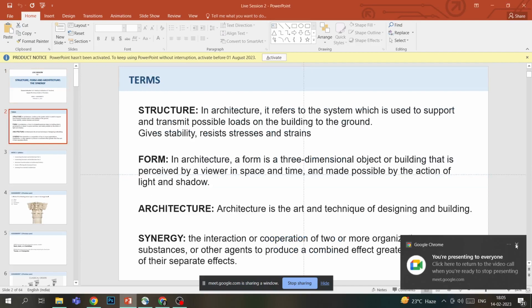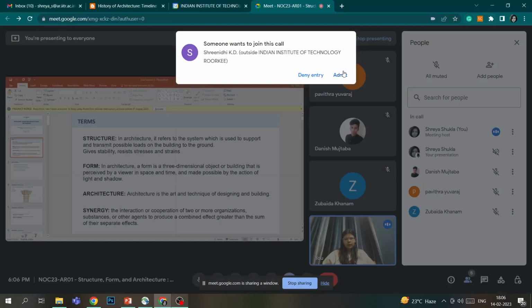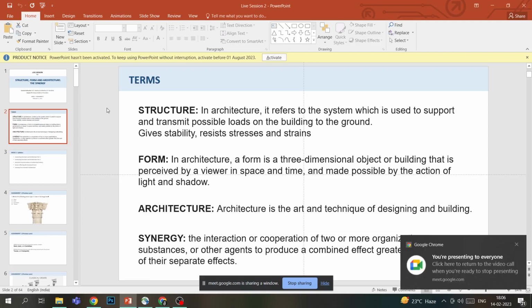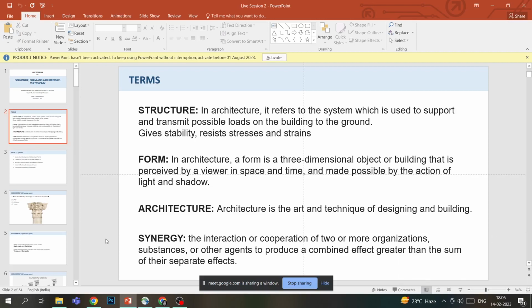So we have already discussed this in the last class, and you must have also learned this in your NPTEL course. The entire course is about structure, form, architecture and synergy, and what all these terms mean. Structure is basically a system that is used to support and transmit loads.